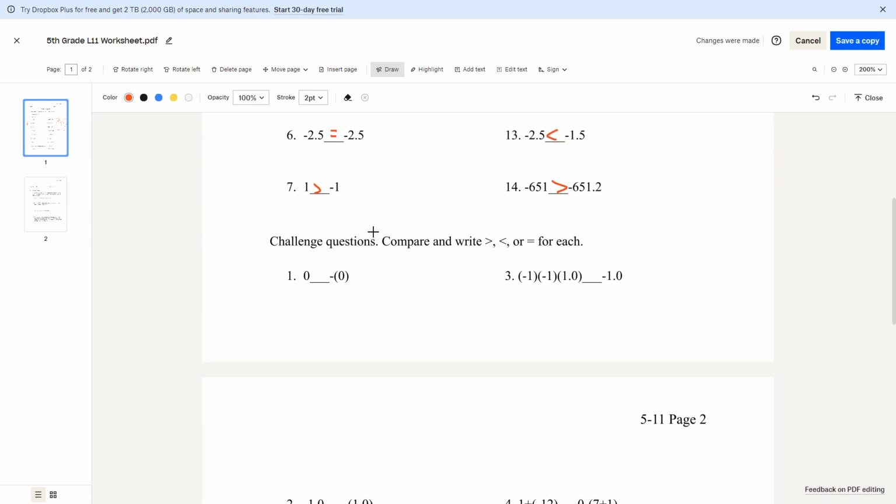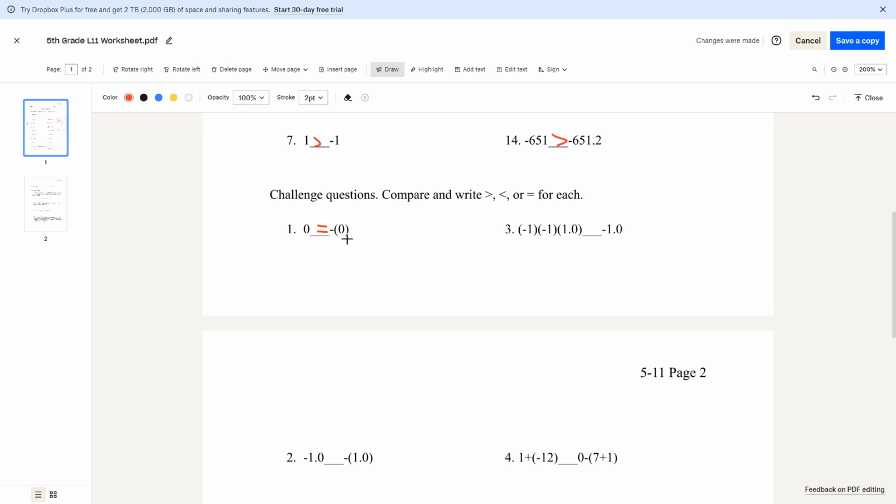Challenge questions. Compare and write greater than, less than, or equal to for each. This one, they're equal. This is really a challenge question. 0 and negative 0. What makes this interesting is that they put negative times 0 in parentheses.